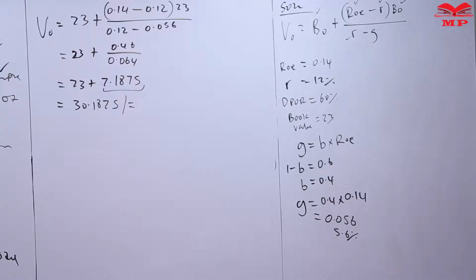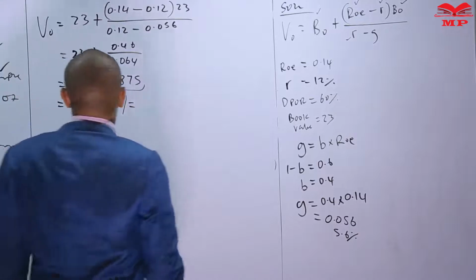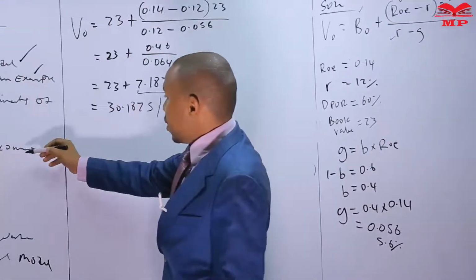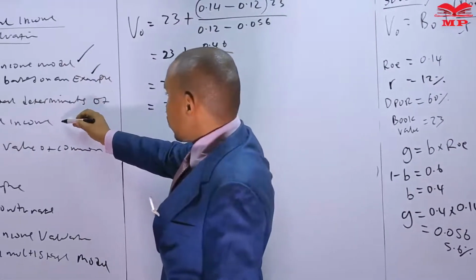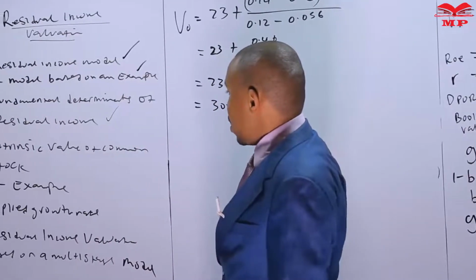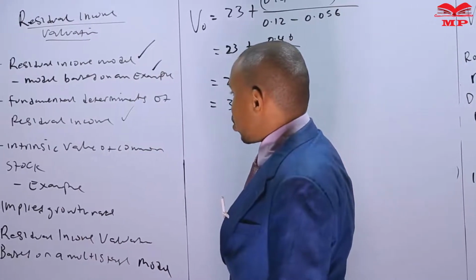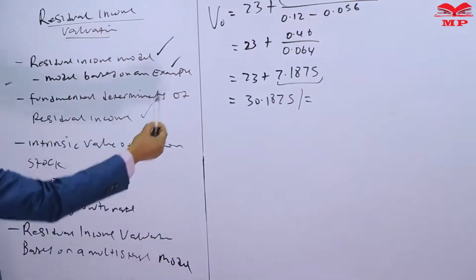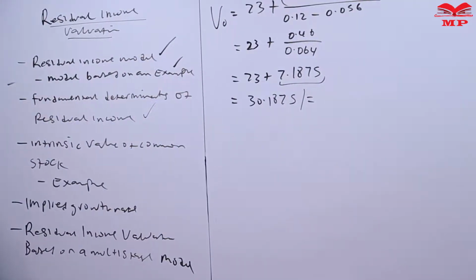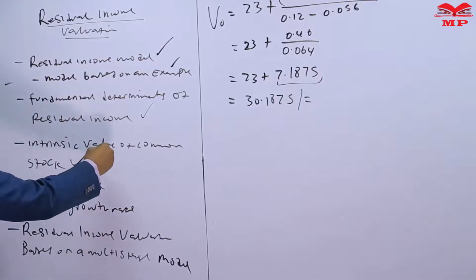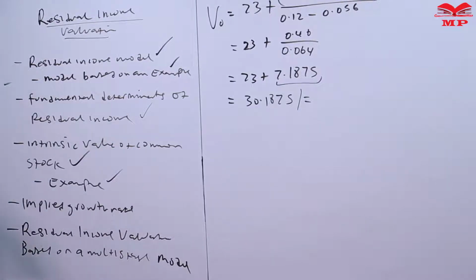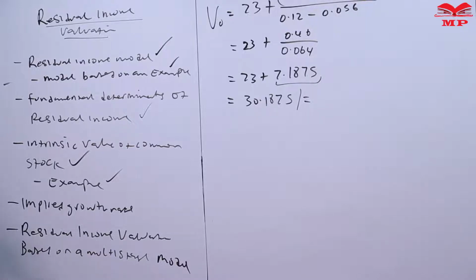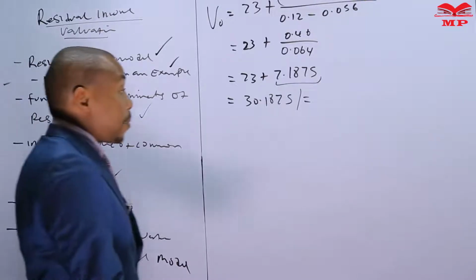Now, we have looked at how to compute the fundamental determinants of residual income. There we've also done an example. Now the intrinsic value of common stock is almost similar to what we've actually done right over here. Together with an example, we can just combine this and the fundamental determinants of residual income. I've already explained the fundamental determinants.